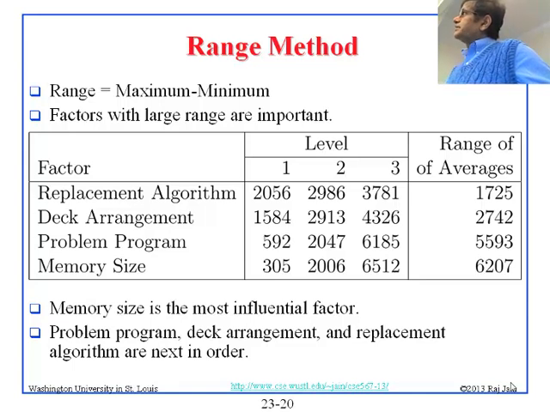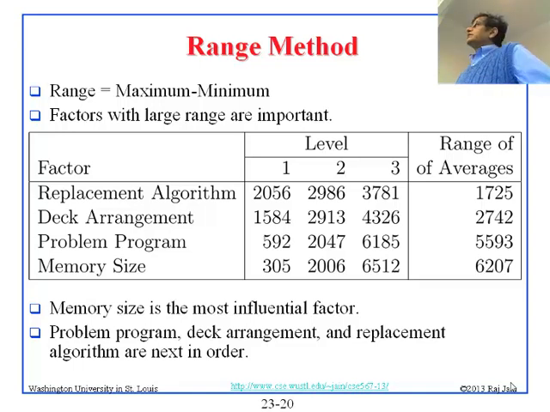So from 1 to 3, the range changes from 2056 to 3781. Here it is 2725, it is 5,000, here is 6,000.